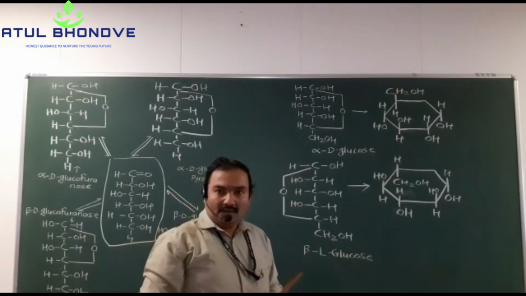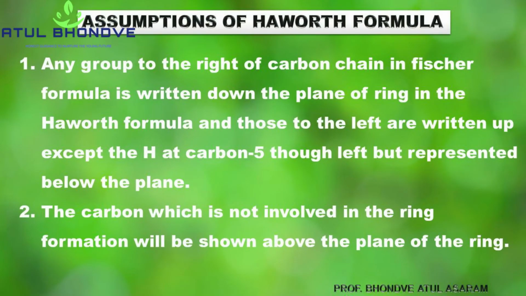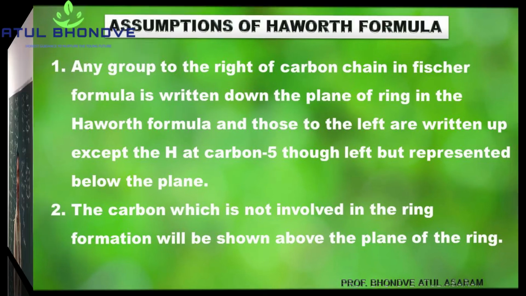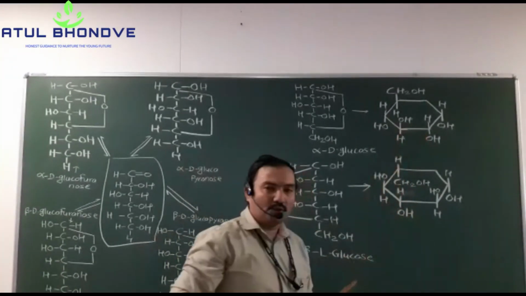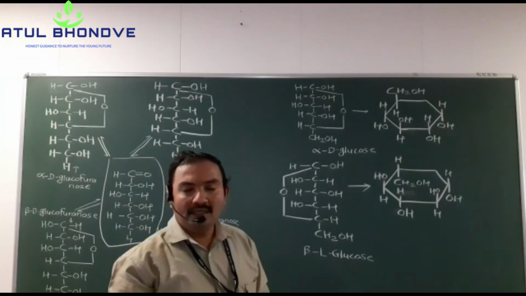Scientist Haworth represented the conversion of the chain formula into the ring structure with certain assumptions. The first assumption given by Haworth is that when the H and OH present at the right side of the carbon in the chain are written at the downward position, and those towards the left are represented in the upward position, except carbon number 5, where hydrogen is represented at the downward side of the plane.